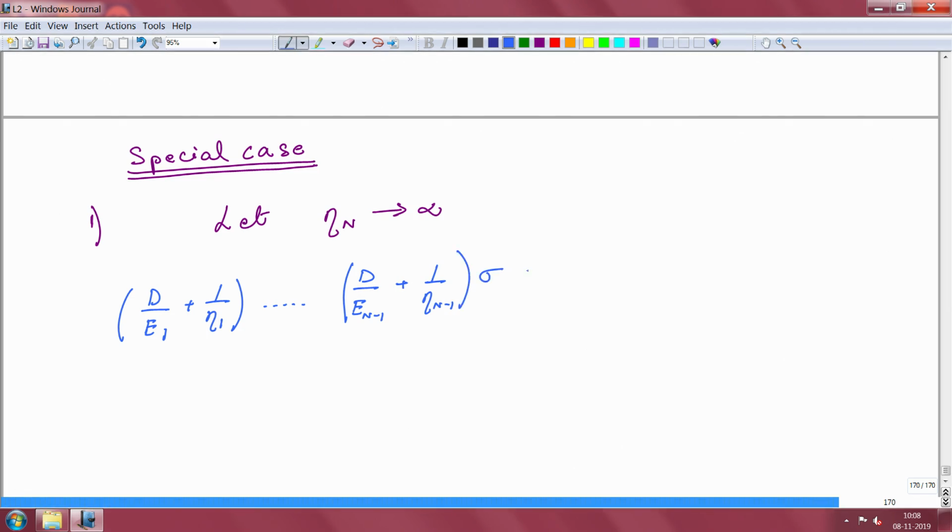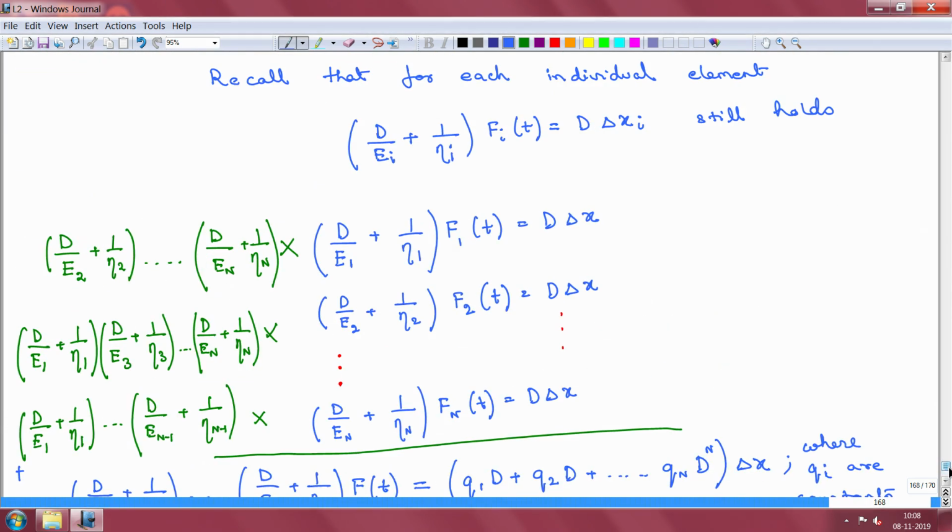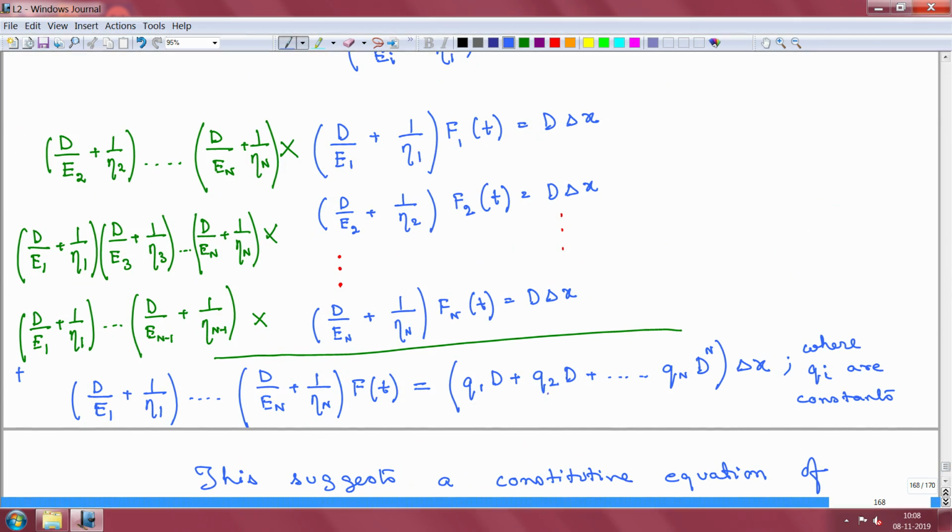Right. And what happens on this other side? The highest power, if you try to redo this, what you will see is the highest power of the differential operator on the other side also decreases by 1. So, it is n minus 1, but now you will also have a constant term.